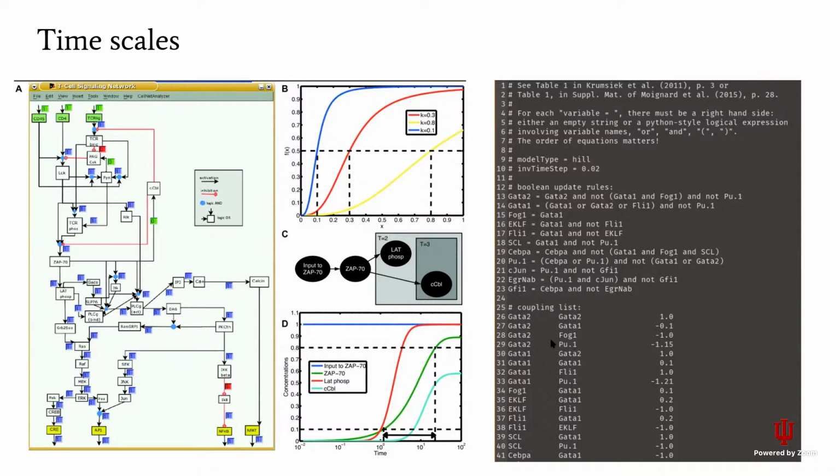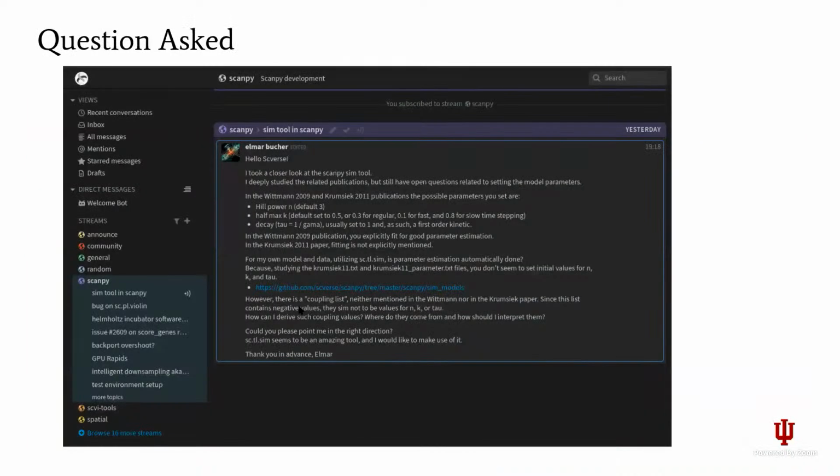And I have no idea what this coupling value really is. So I reached out to them. They are on Tulip, which is similar to Slack, and I asked about that. I read this paper and I cannot see it.